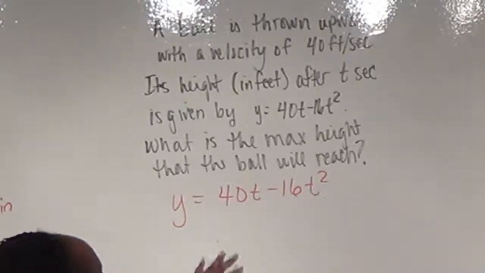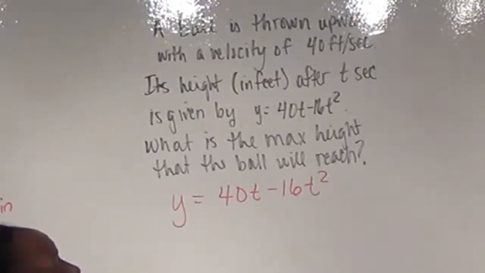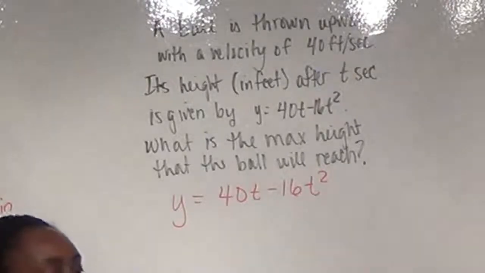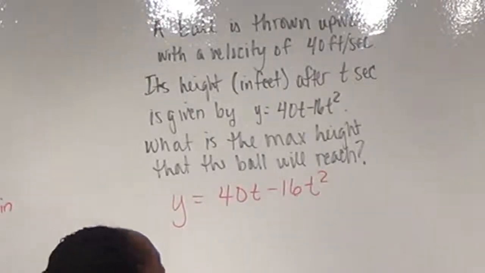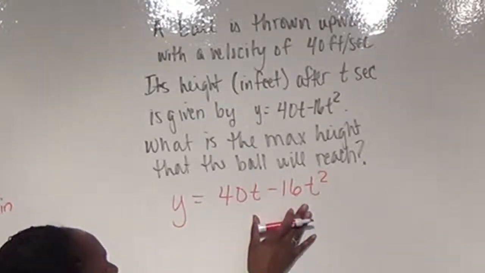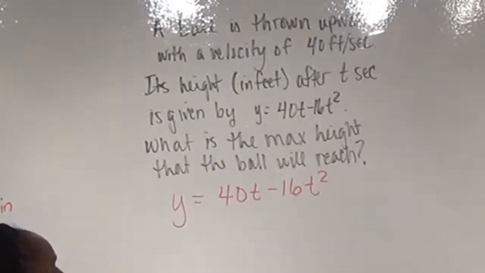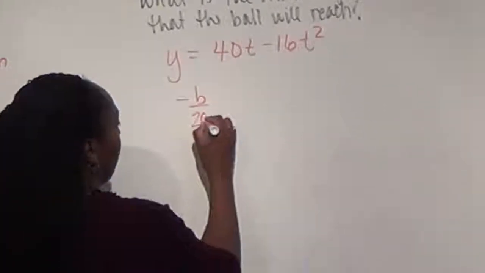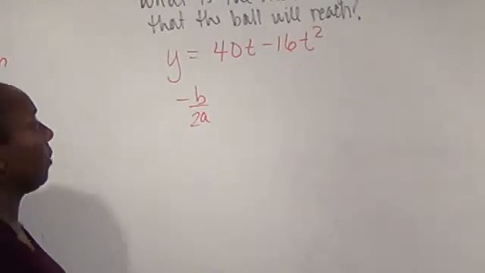To determine the maximum height, remember, the maximum is going to occur where the vertex is. So in this case, I just want to find the vertex of this. Since I don't really care about graphing this or finding other information, I just need the vertex, I'm going to use the negative b over 2a formula.